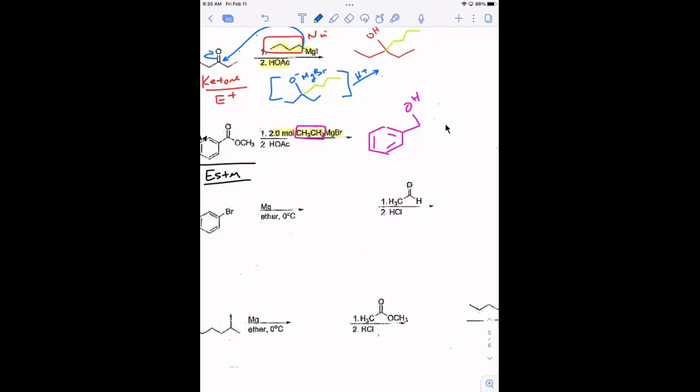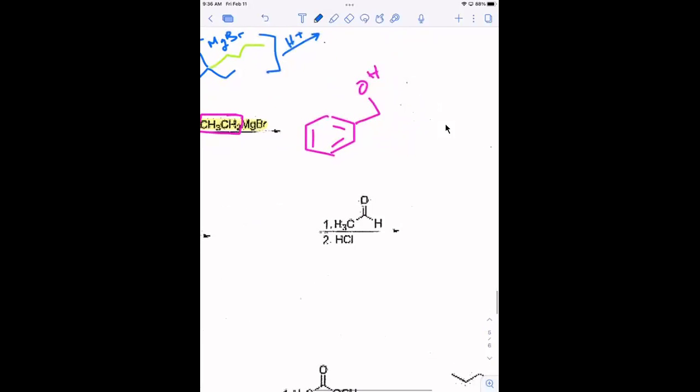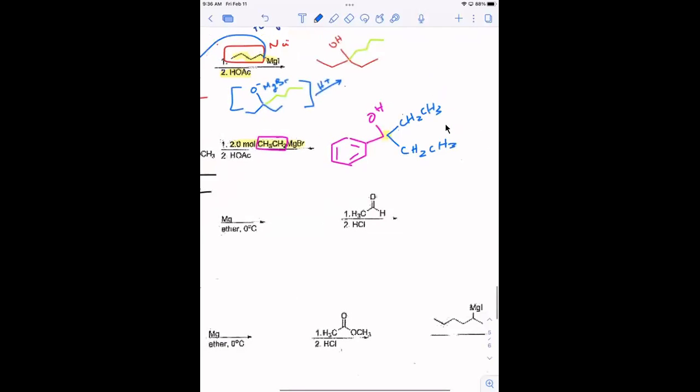Which carbon in the ethyl group, the CH3, CH2, which carbon is going to be attached here? Oh, the CH2. Yes, it'll be the CH2. There'll be two of them because you have 2 moles of that Grignard. All right, questions about that?